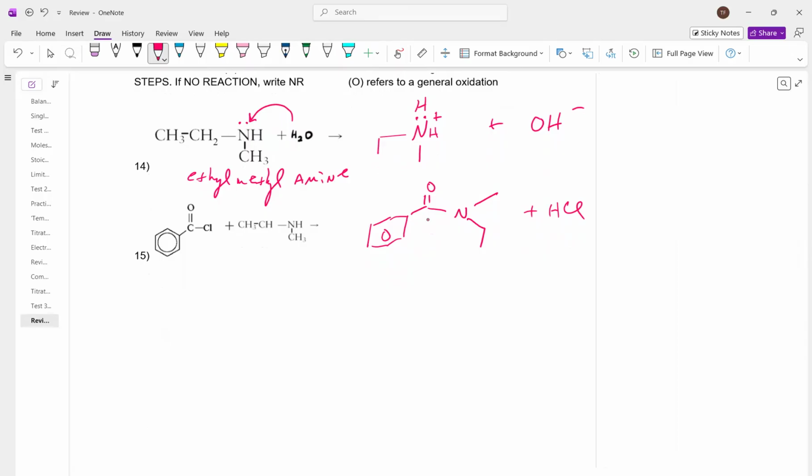This is going to be the benzyl chloride. And this is going to be benzamide.